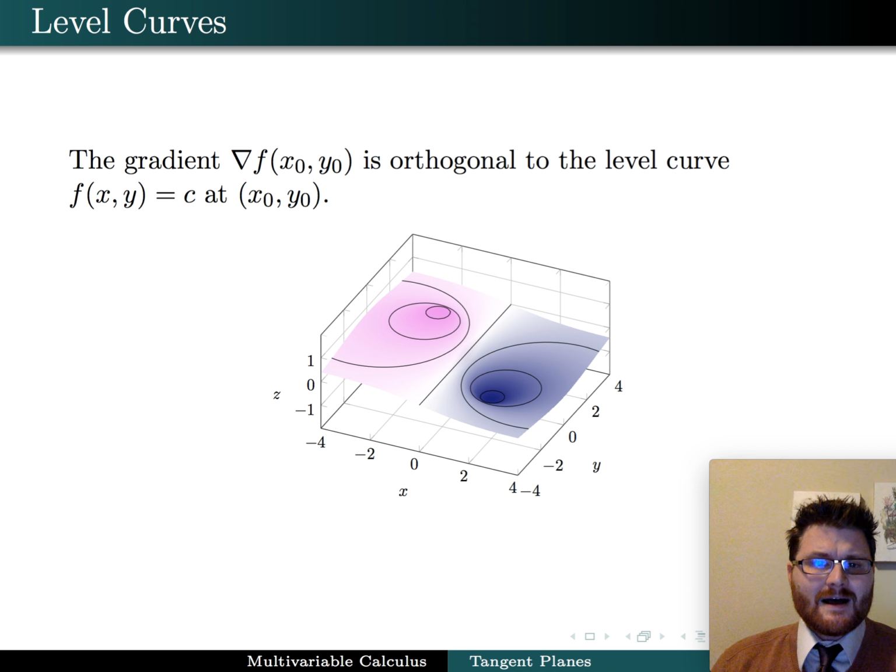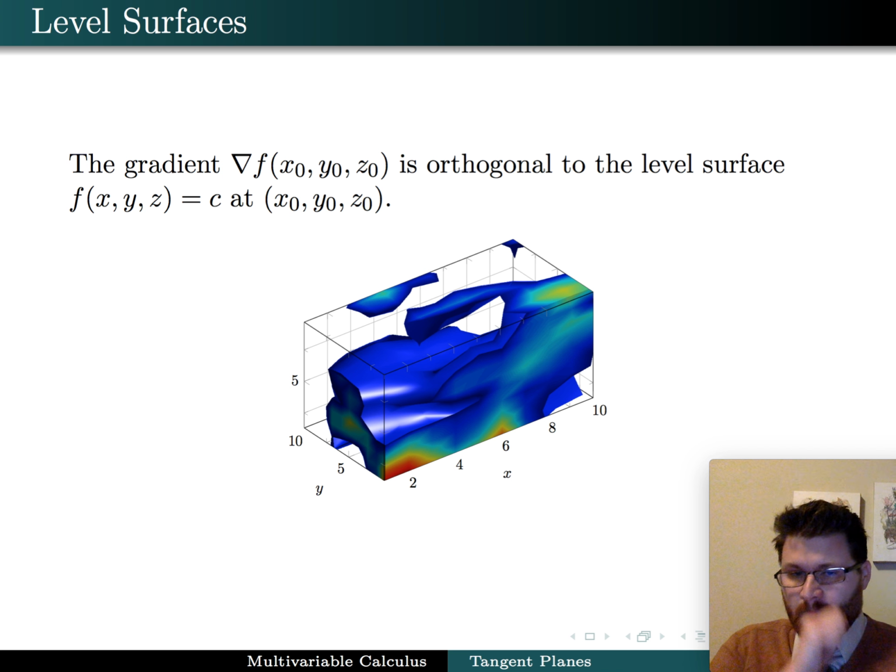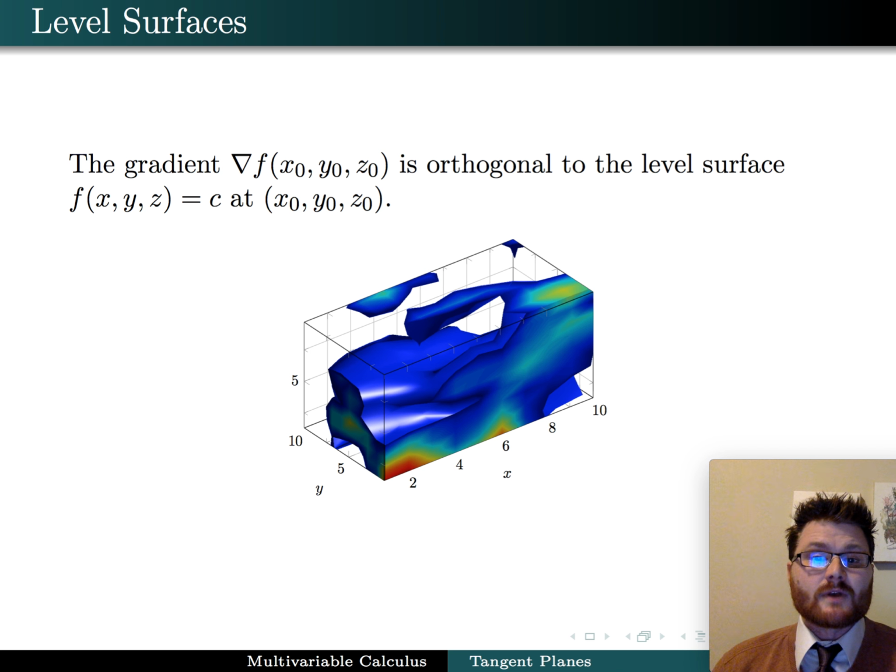Well, one dimension higher, if we're thinking about a function of three independent variables, we don't have level curves, we have level surfaces, and since the gradient is pointing in the direction of greatest increase of the value of our function, that's going to be in the same way orthogonal to our level surfaces, and we can take advantage of this to help us figure out equations for tangent planes.